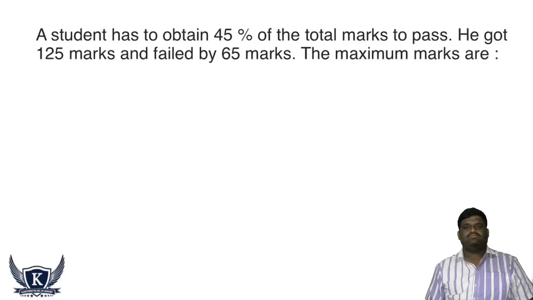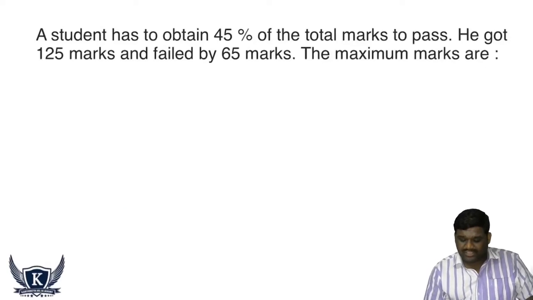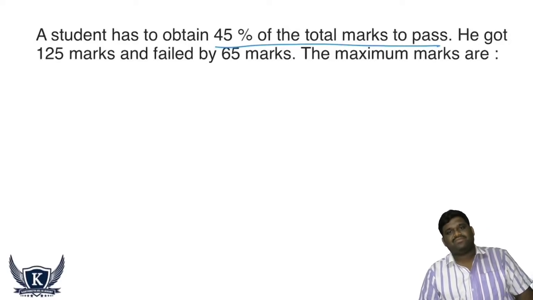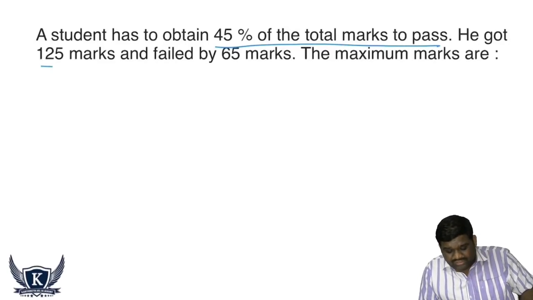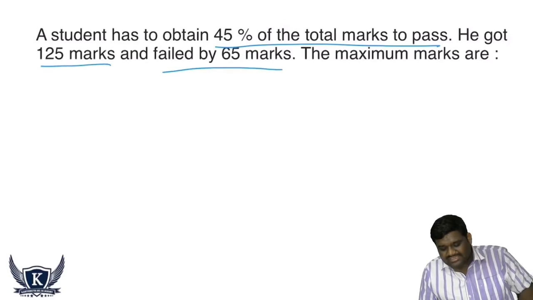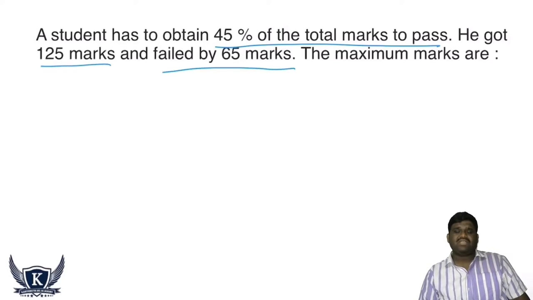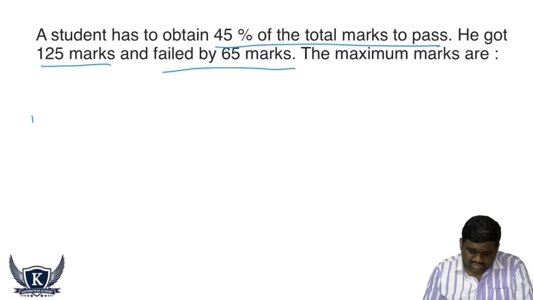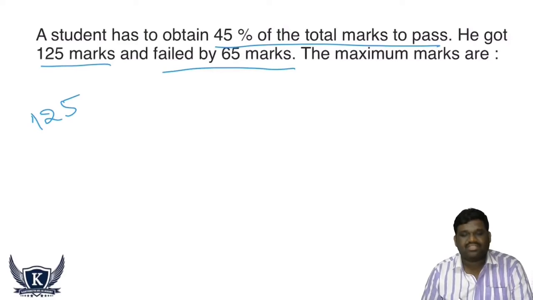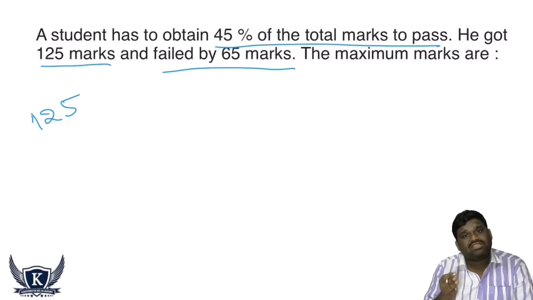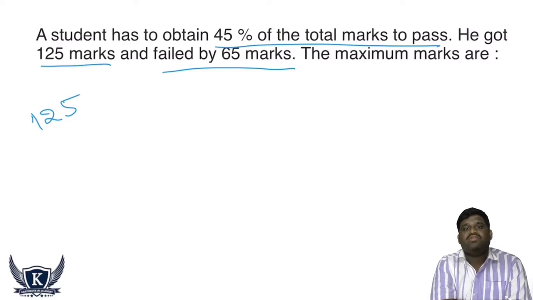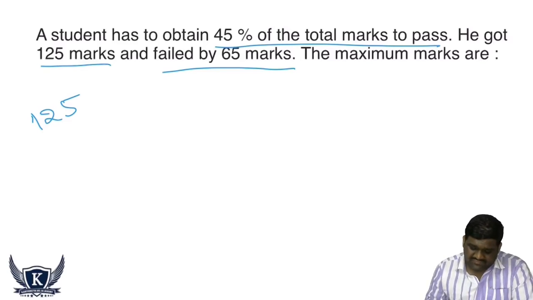Moving on to the next question. A student has to obtain 45% of the total marks to pass. He got 125 marks and failed by 65 marks. That means a student got 125 marks in the examination. If he got 65 more marks, he would have passed, but he failed.